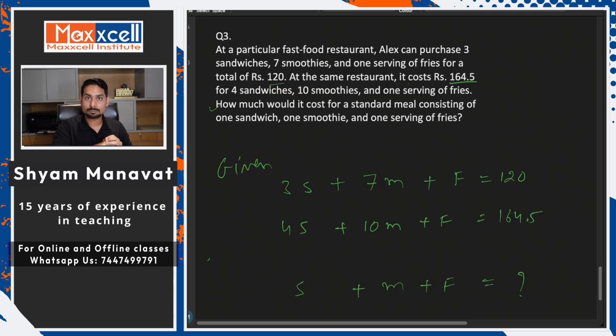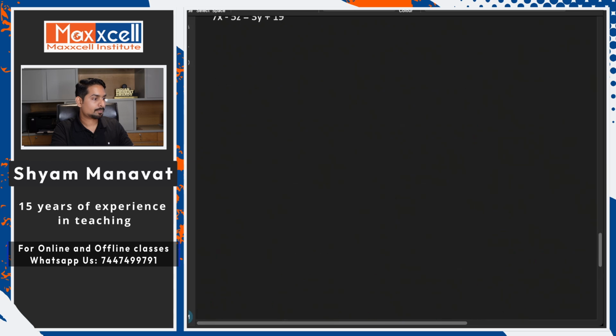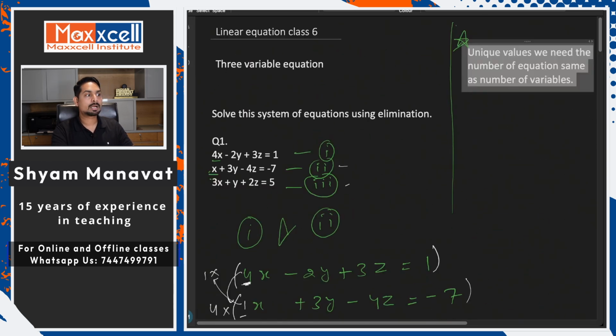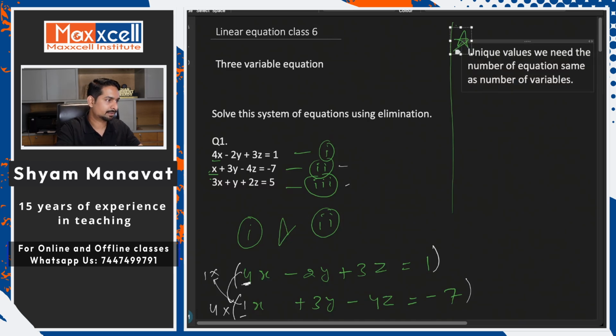What we have learned so far is that if you have 3 variables, you need 3 equations to get the value of individual variables. Understand this.